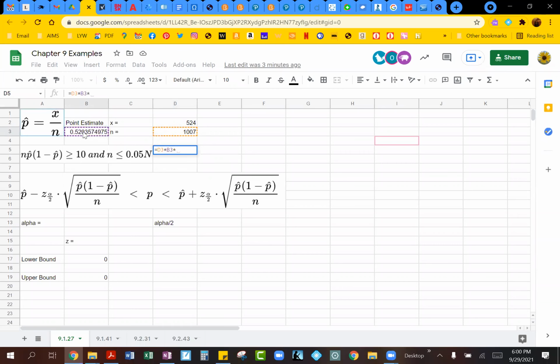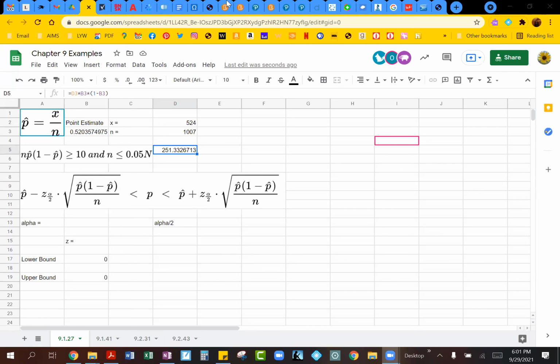And then multiply that with, in parentheses, 1 minus the p hat value. So again, you can type this in your calculator, or like I said, I just use Google Sheets or Excel to do all my calculations. And you can see this number is coming out to be 251 point something. So definitely it is greater than 10, which is what we wanted this multiplication to be.